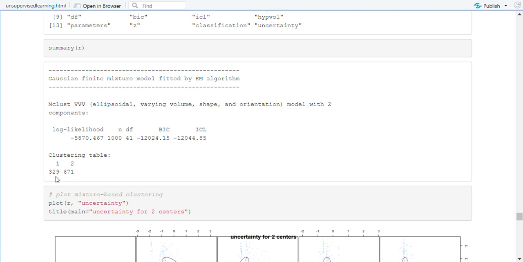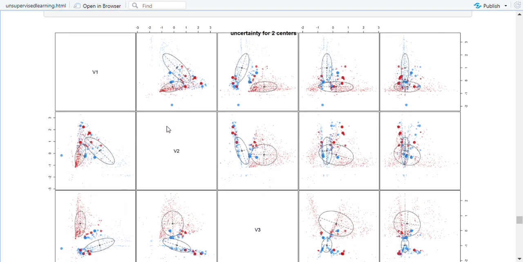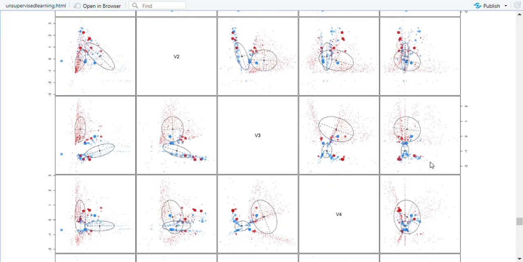Plot mixture-based clustering. So plot R, what equal uncertainty, main equal uncertainty for two centers. So for the uncertainty graph, these are the centers over here, and then the dots represent the data.